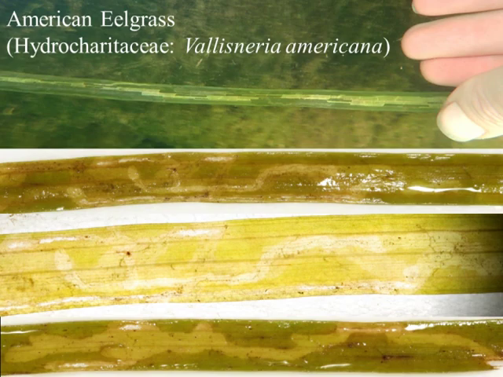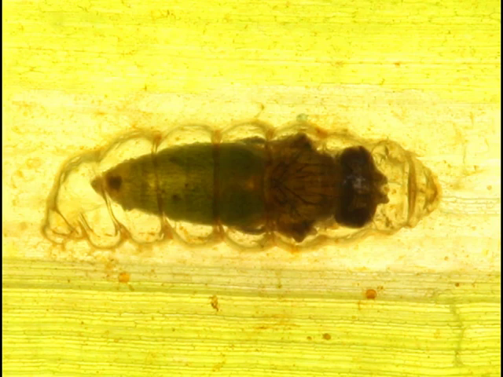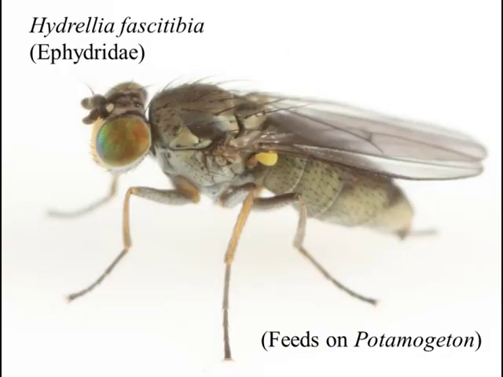And in one of those leaves, I found this puparium that at first I thought was a parasitoid wasp pupa inside the puparium, but as it developed, it got browner and hairier, and I realized it was just a fly pupa in there. And eventually this fly emerged and swam to the surface. I found it just resting there like a water strider, and it turned out to be a different species, Hydrellia faustinia, which is supposed to feed on Potamogeton species instead of Vallisneria.